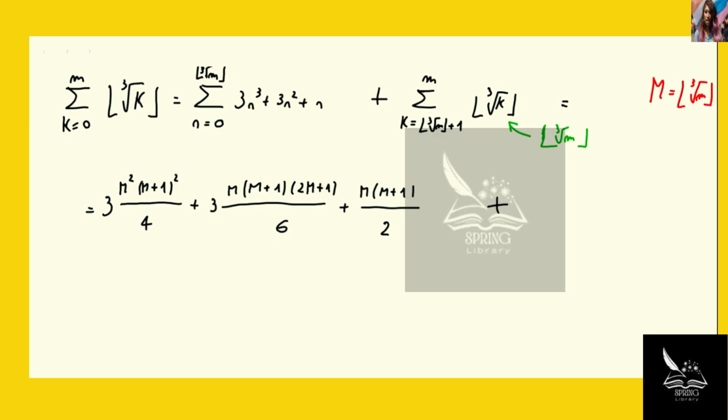So the thing in green is just equal to big M, and it does not depend on k, so we can move it in front. And then that multiplies, well, we're summing ones from big M cubed plus 1 to m. So there are exactly little m minus big M cubed numbers there. And this is the final formula, where again, big M is just shorthand for the floor of the cubic root of m.